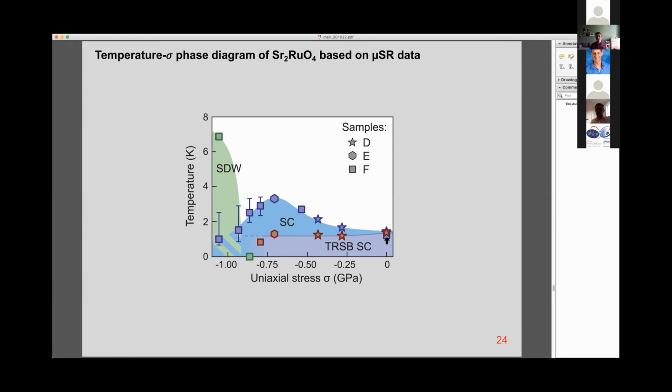From the absence of plausible magnetic mechanisms to explain the enhanced muon spin relaxation, we conclude that it really is a transition of the superconductivity, from normal, well, time reversal symmetric, to time reversal symmetry breaking superconductivity at a temperature of about 1 Kelvin. And then at very high stresses, we have the spin density wave order here.